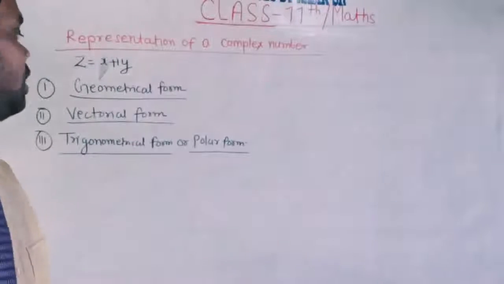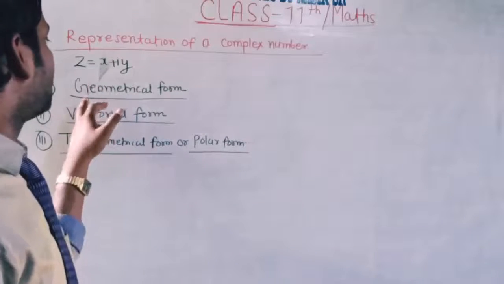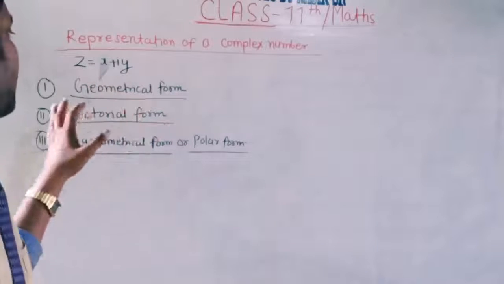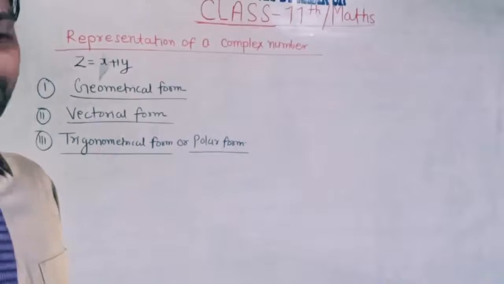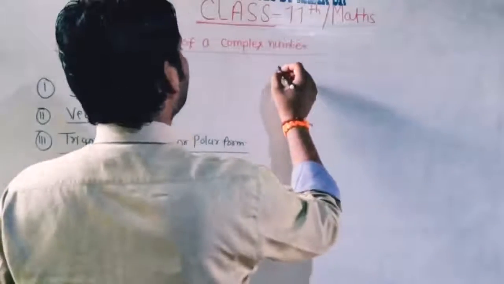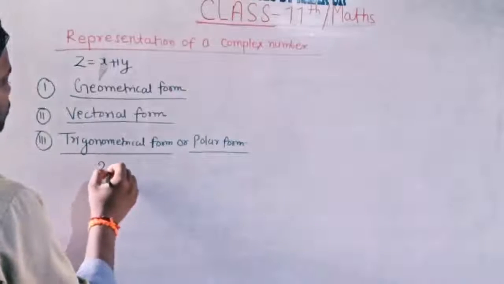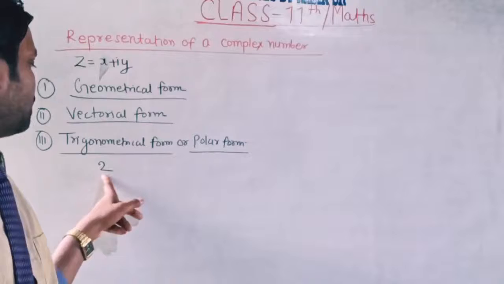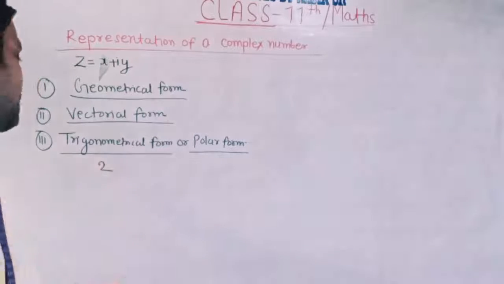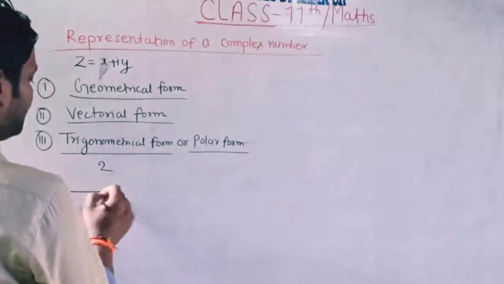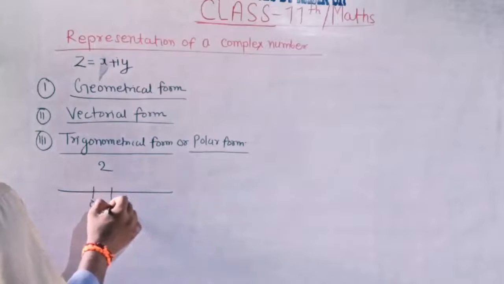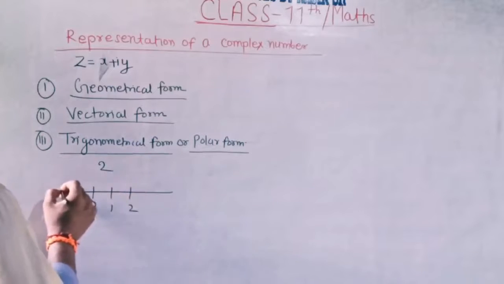So first I will discuss representation of a complex number in geometrical form. As we know, the number 2 is represented on a number line: this is 0, 1 and 2.